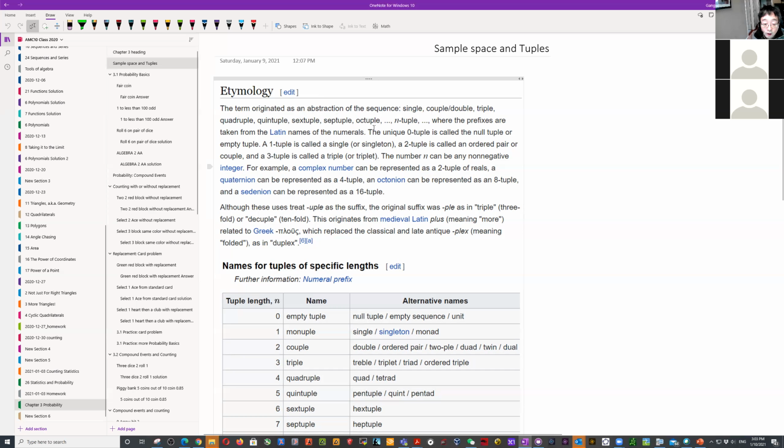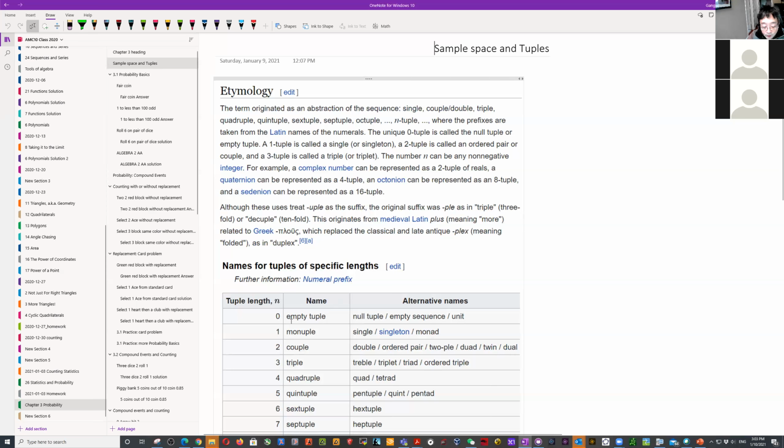Basically, in the English language, starting from triple, it always ends with PLE, and arguably couple is also from PLE, and then single is just a unique exception.